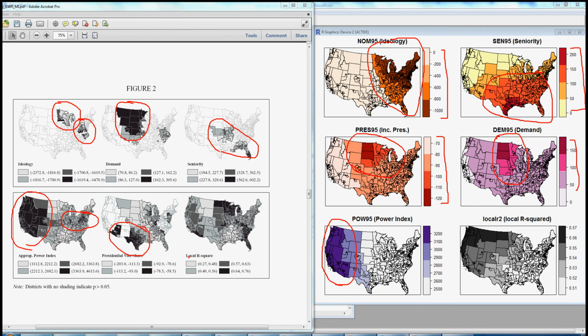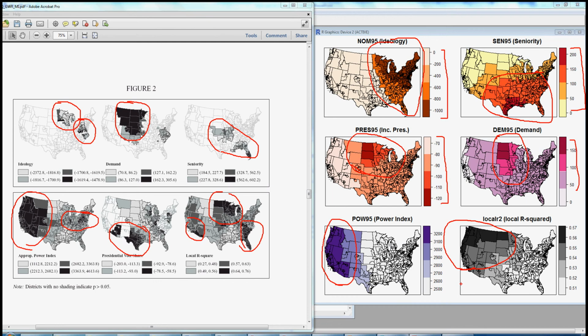Then if we look at local R squared, this measure of local fit, the local fit is strongest in the southeast, the upper Midwest, and then parts of the southwest, you might say. And for us, the best fit is in the northwest. So a little variation there as well.